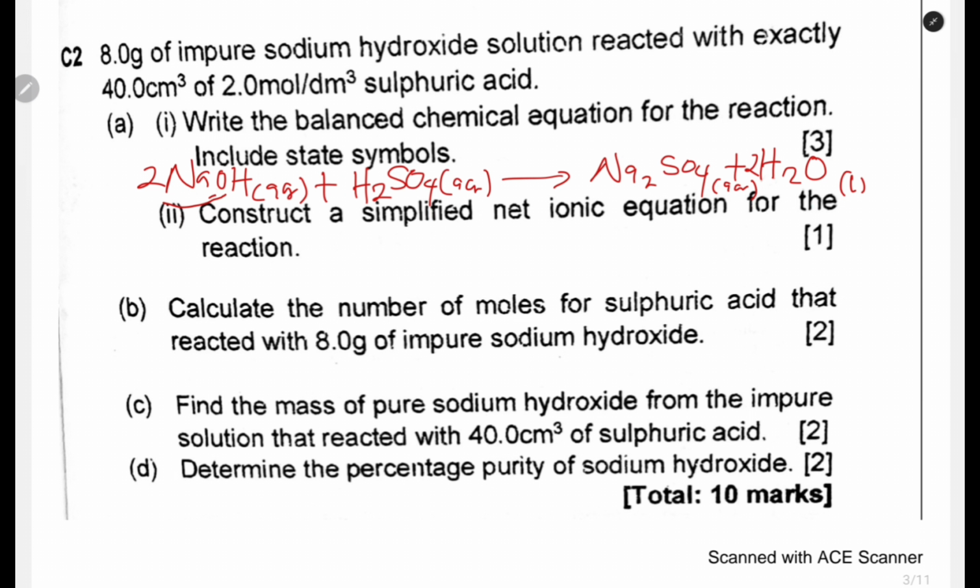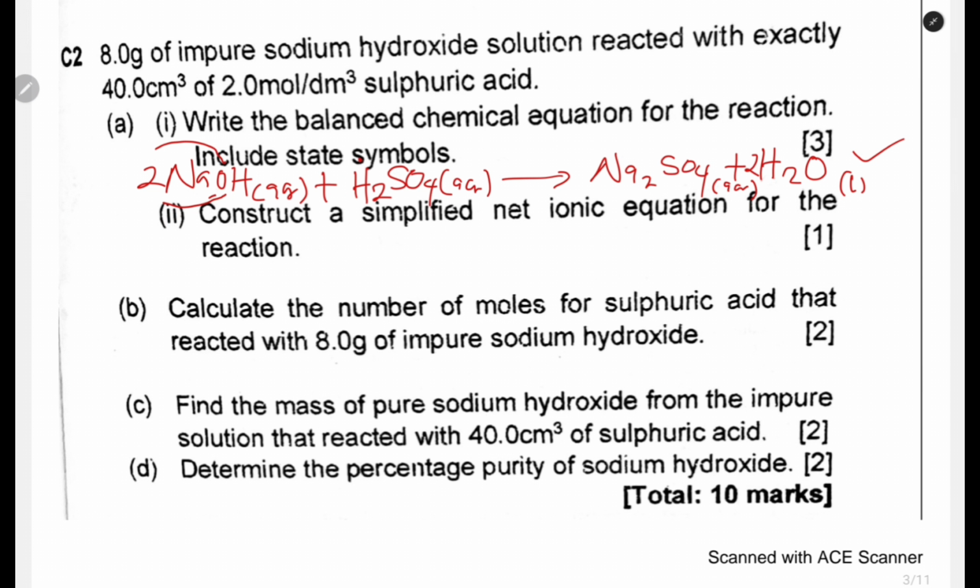Hydrogen, we have how many? 4 this side. Hydrogen, we have how many here? We have 2 and also 2 here. So we have 4. Sulfur, we have 1. Sulfur, we have 1. So just by putting the numbers in front of water and in front of sodium hydroxide, we have balanced the equation. So this is the balanced equation with state symbols.